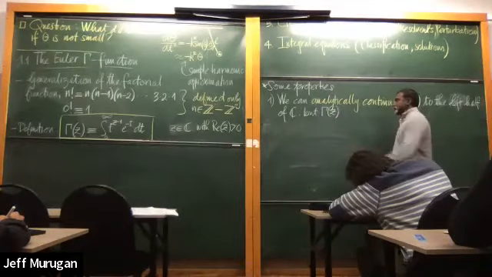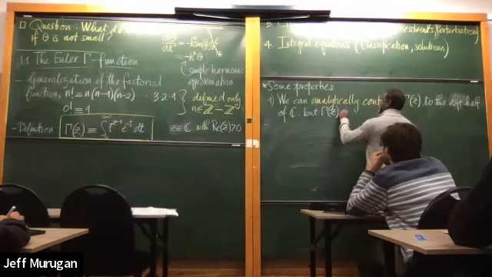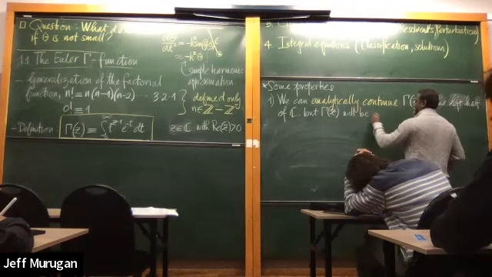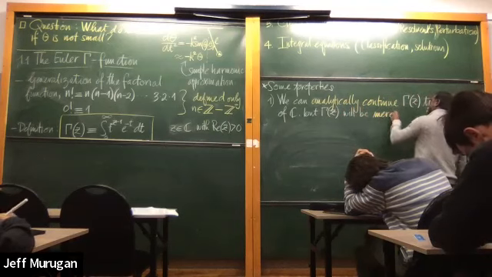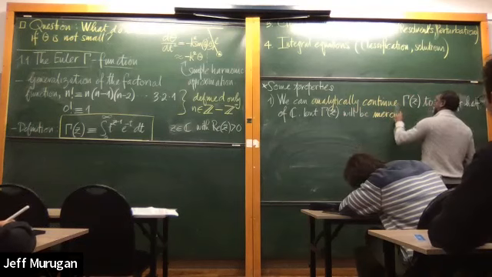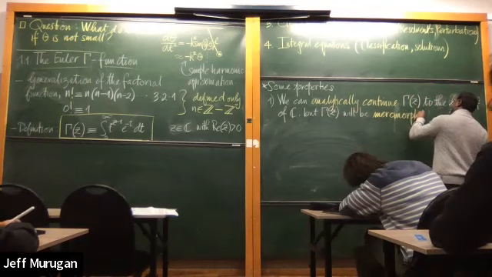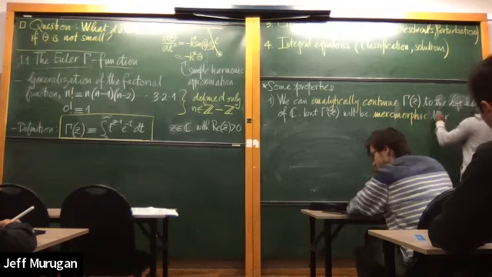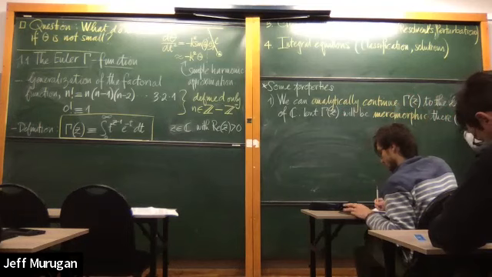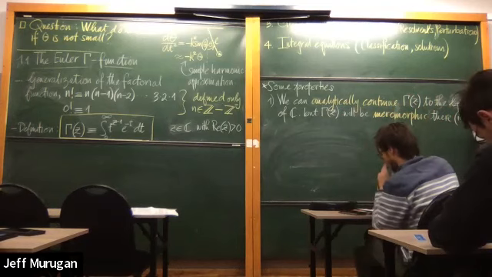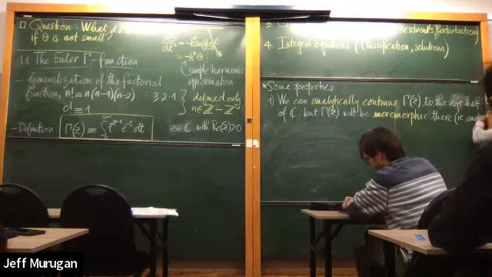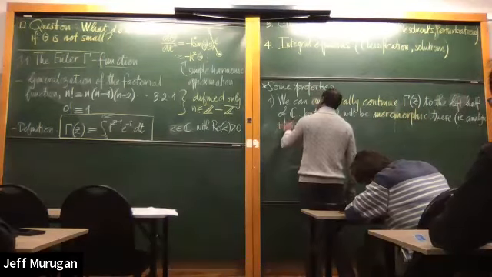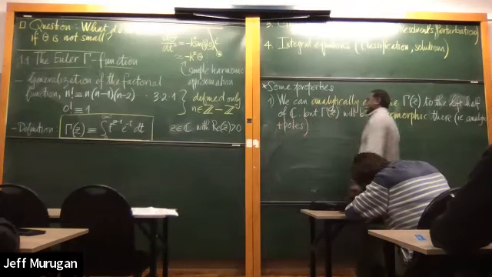Okay, so gamma of z will be meromorphic. That means analytic plus poles by default.